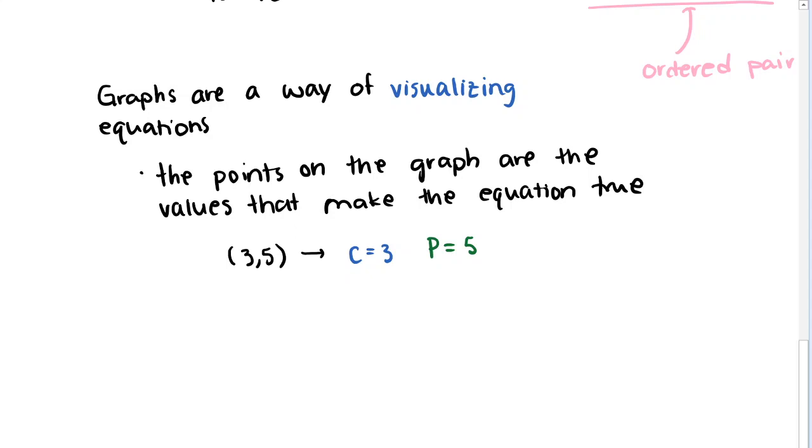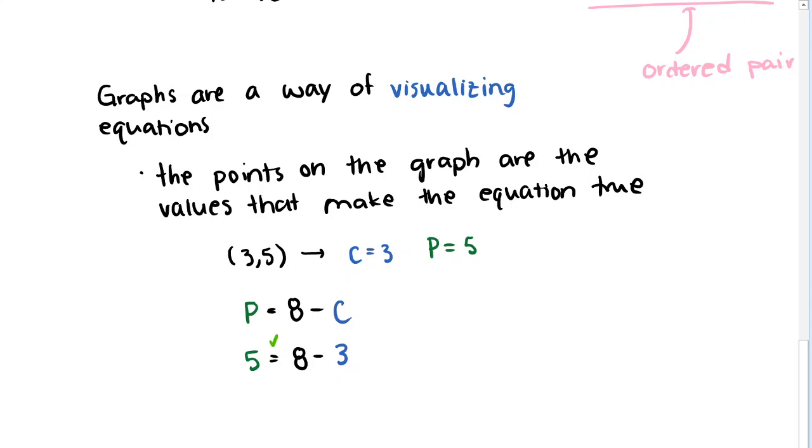So if I let p be 5, we start with the equation p is equal to 8 minus c. If we replace p with that value 5 and c with the value 3, is this equation true? Well, 8 minus 3 is equal to 5, so it is true. Right, so I don't need to really put a question mark here. It is true.